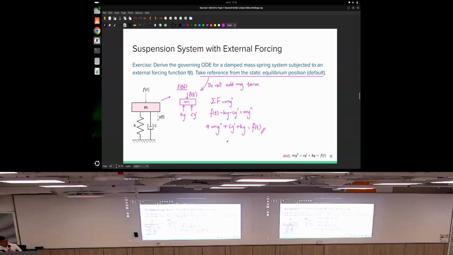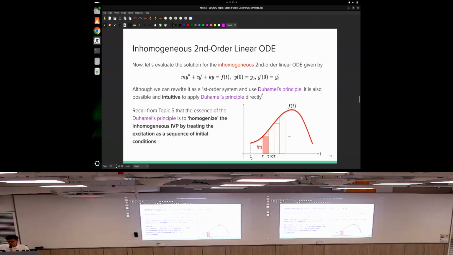Since it is a linear ODE with excitation, our good friend is Duhamel. Okay, so now, assume that you have your initial condition given at t naught equals 0. The initial displacement is y naught, and the initial velocity is y prime naught.